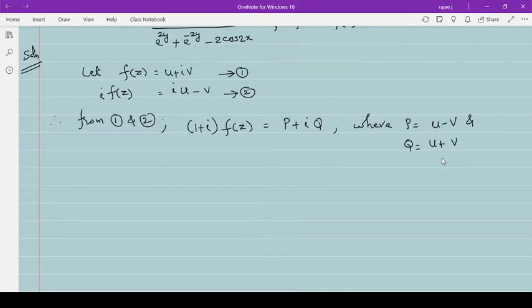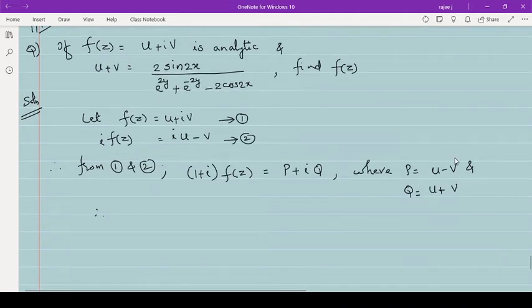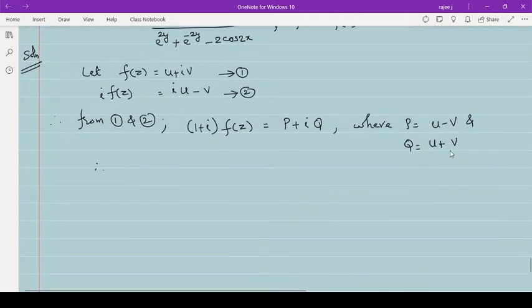So now here u + v is given, u + v means q is given. Therefore first of all we will find qx and qy.